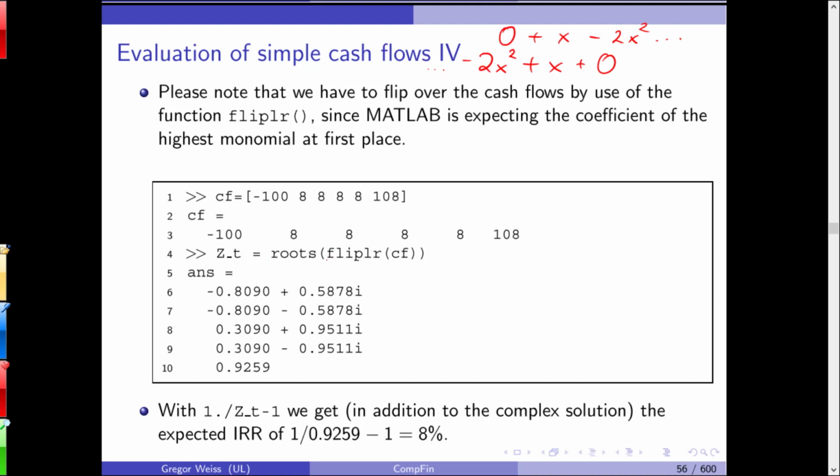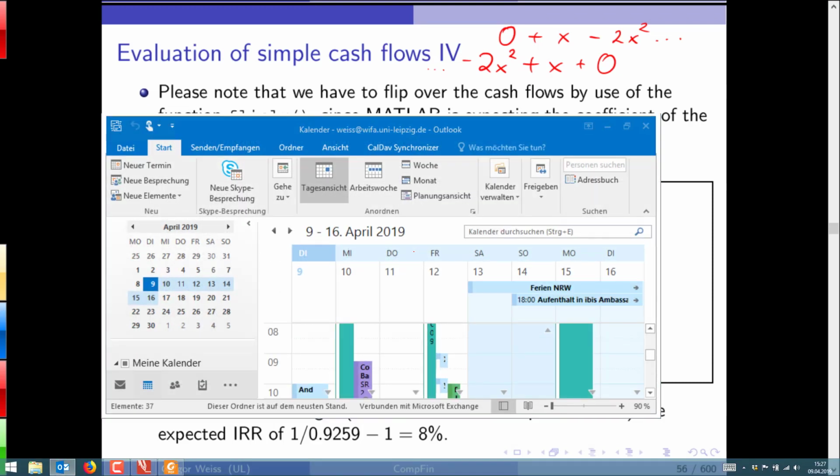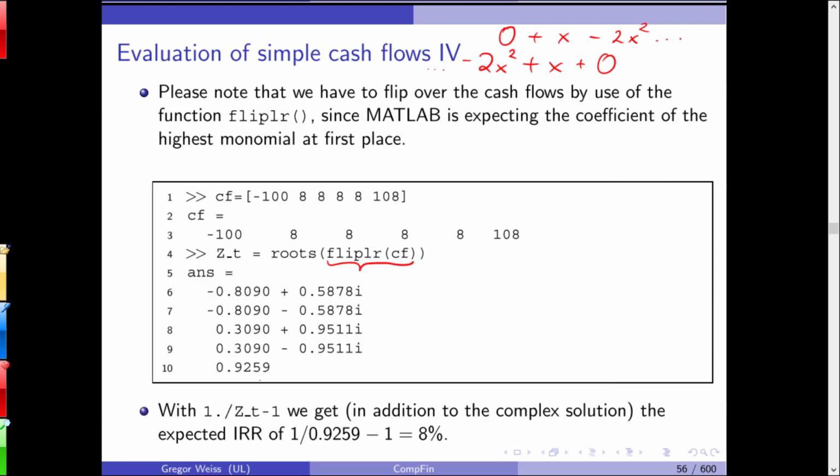Again, what does this do? It flips the cash flow vector. Roots takes a vector and assumes that the entries in this vector are the coefficients of a polynomial, and it solves for the zeros of this polynomial. And then we'll get these results.